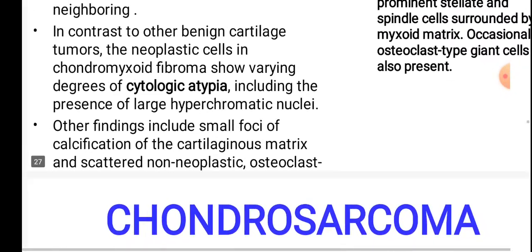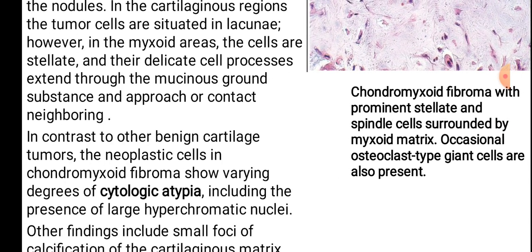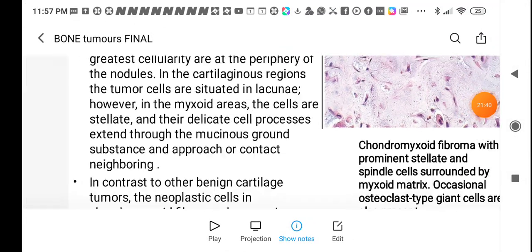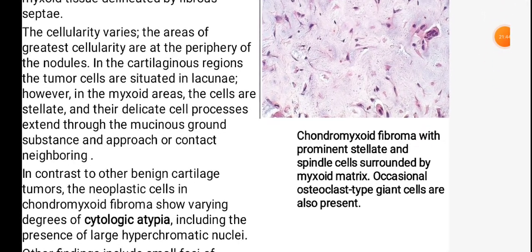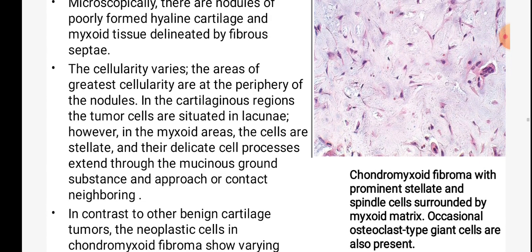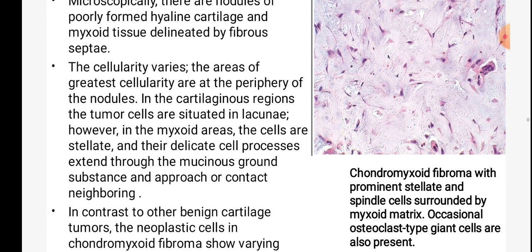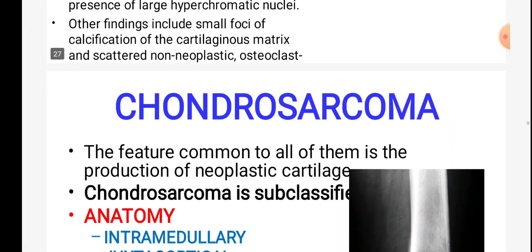Other findings include small foci of calcification of the cartilaginous matrix. So here is the microscopic picture: chondromyxoid fibroma with prominent stellate and spindle cells surrounded by myxoid matrix. Osteoclast type giant cells are also present here.